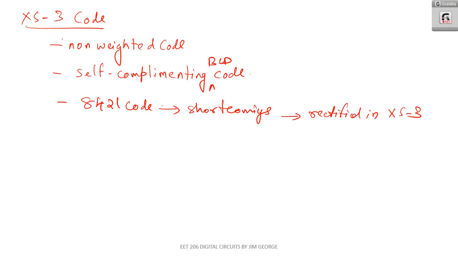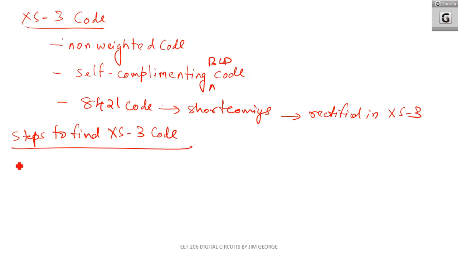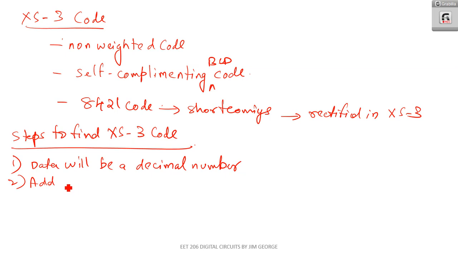Now, what are the steps to find the Excess-3 code? First, the data given will be a decimal number. Second step, add 3 to the decimal number.